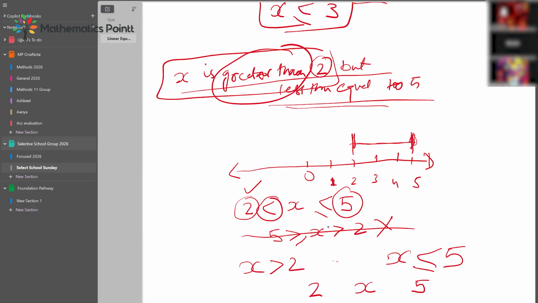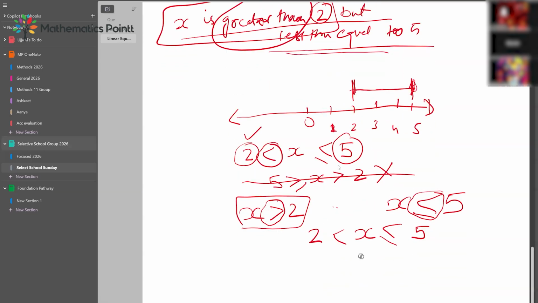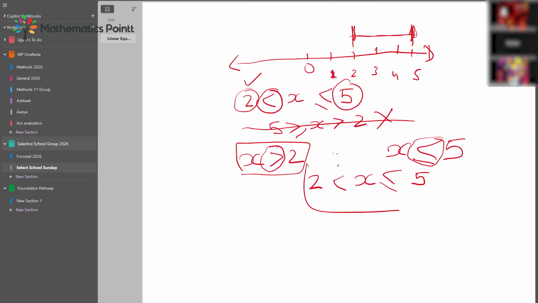X sits between them in the middle. You have the mouth open towards X between X and 2. So you make sure the mouth is open towards X. And you have a mouth open towards 5. Just make sure that the mouth is open towards 5. It is as simple as that.